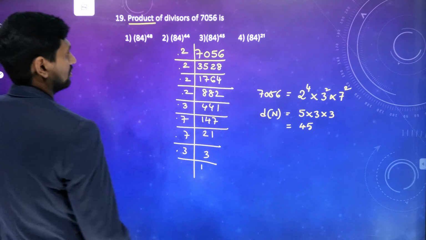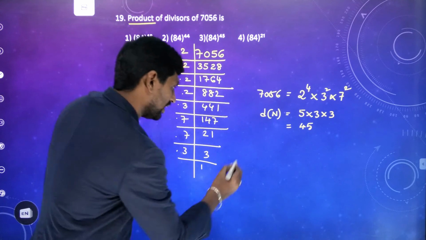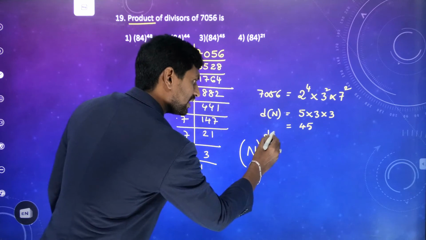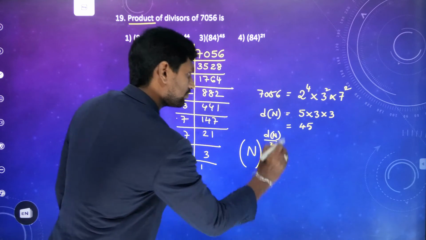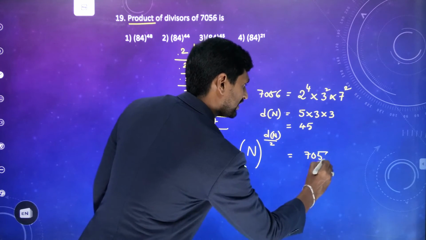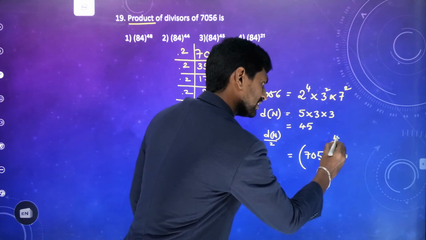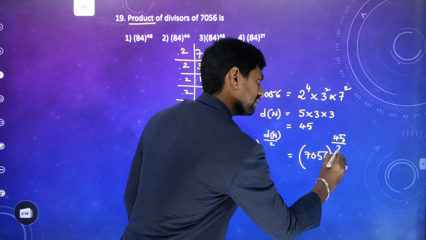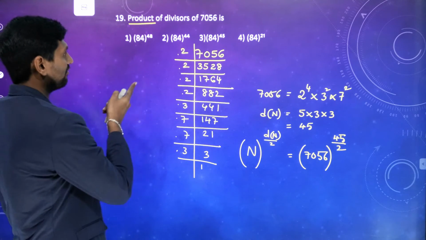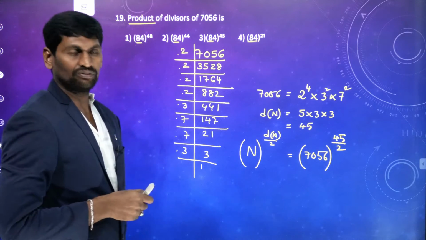Now coming to the options. According to the formula, the product of divisors is the number power the number of divisors by 2. That equals 7056 power 45 by 2, since the number of divisors is 45. But check the answer: all are given in powers of 84.